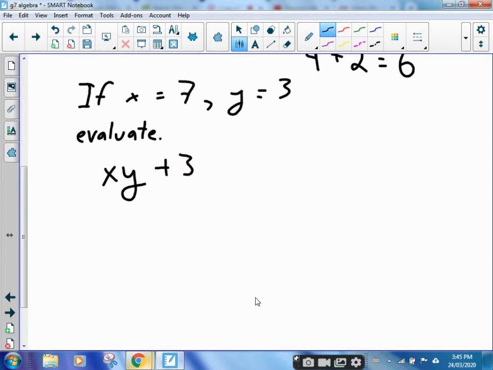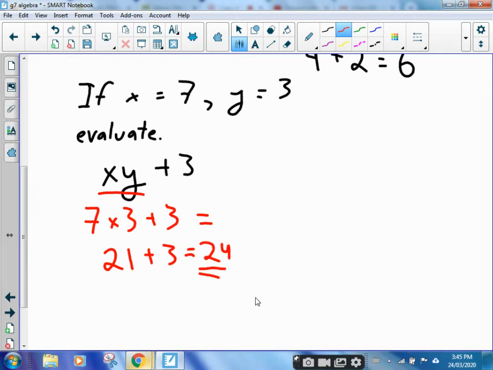When two letters are next to each other like this, this means multiplication. So what if we were substituting these? We would say 7 times Y is equal to 3. So 7 times 3 plus 3. You don't have to do anything there. We have to simplify it a little bit. So that is how we substitute.